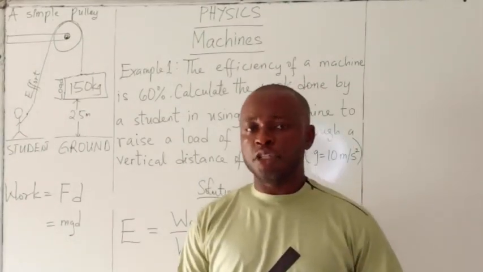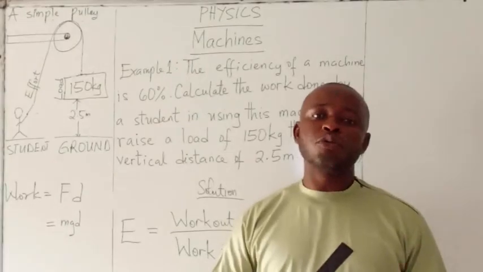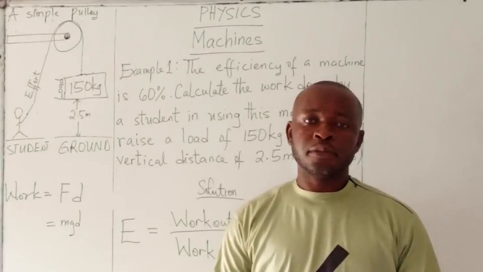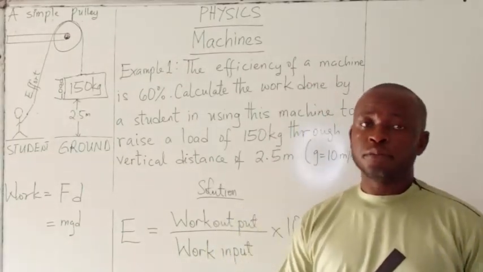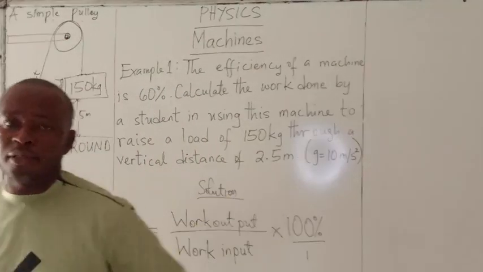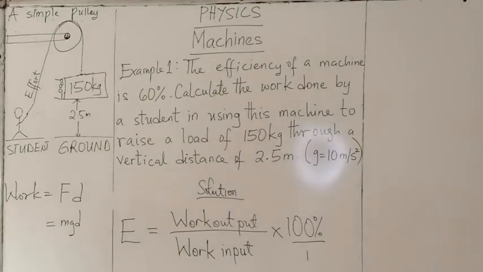In the topic machines, there are things we can calculate. One of them is efficiency. There's a problem on the board where we are asked to calculate the work done by a student.